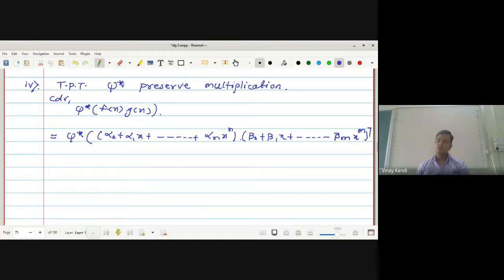I don't know whether the degrees of the two polynomials are equal or not. Now this is equal to psi star of first coefficient alpha naught beta naught, the constant term, plus now the coefficient of x is alpha naught beta 1 plus beta naught alpha 1. Is it correct?